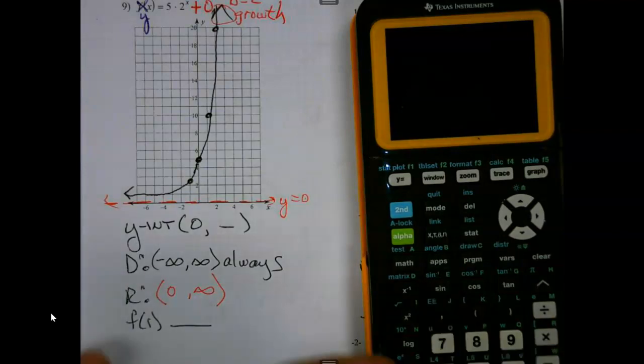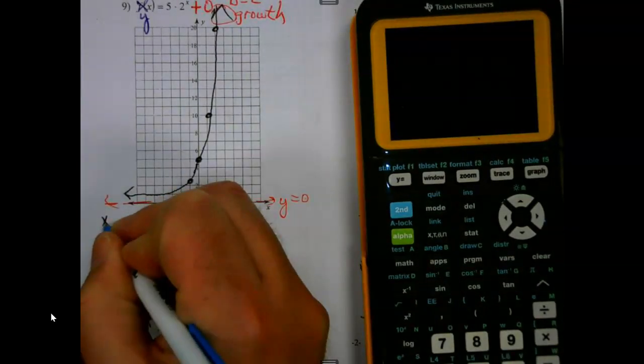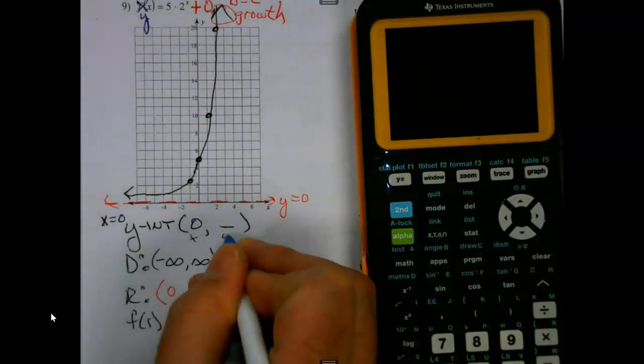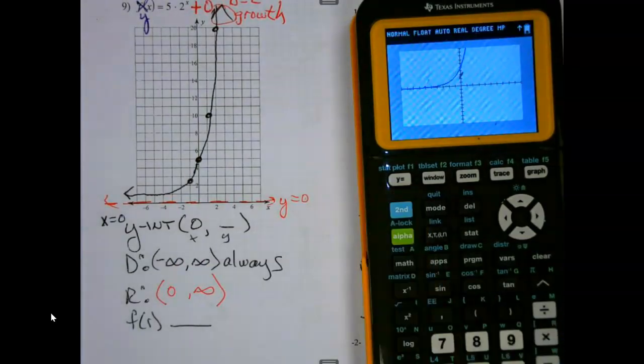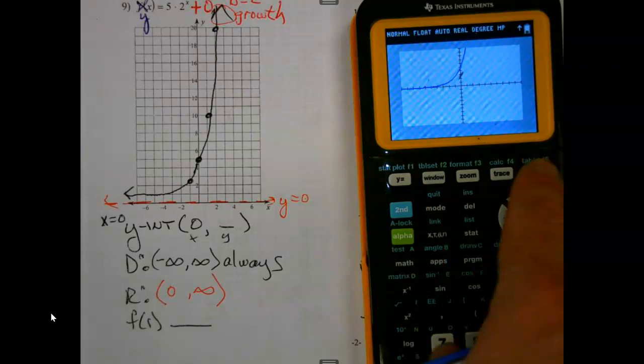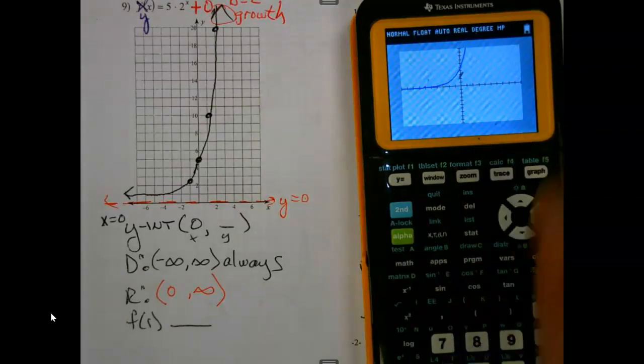So my y-intercept always occurs when x equals 0. That's why I put the 0 here. But if I want to know about the y value, I got options. Check this out. We didn't even talk about one of these yesterday. If I go back to the graph or the table, okay, second graph.